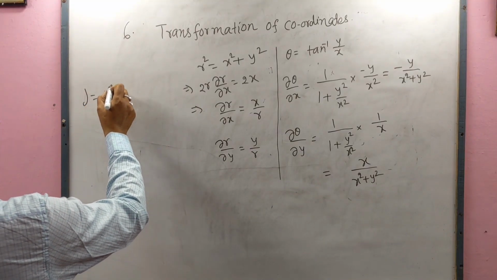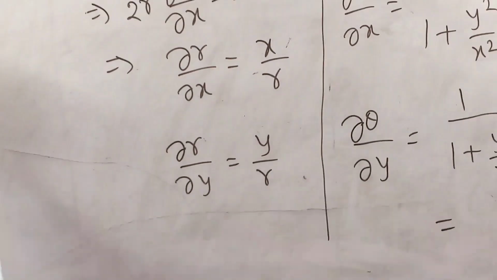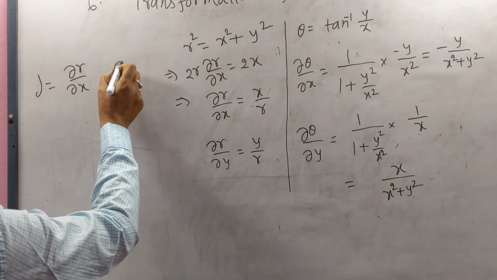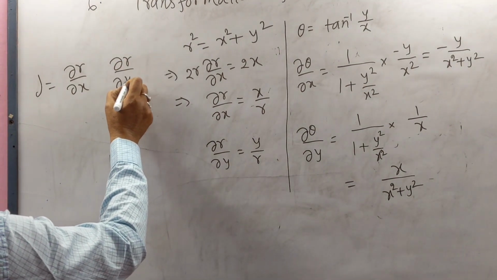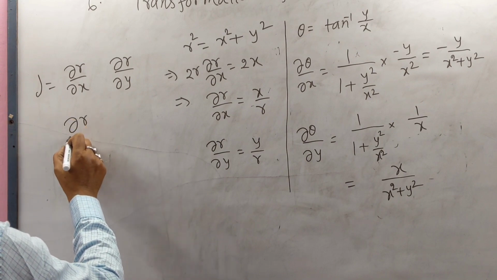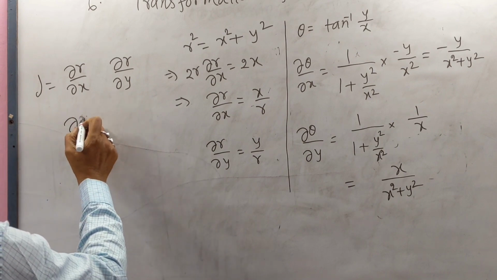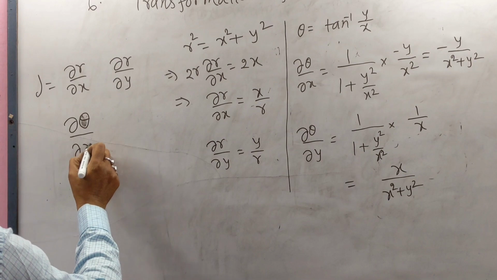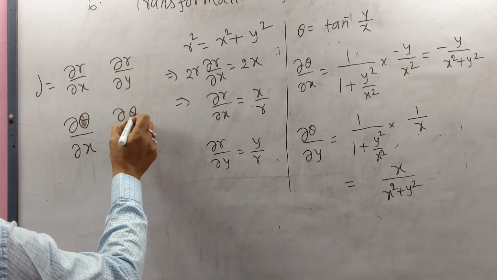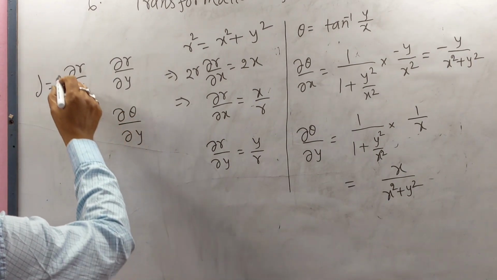J equals del r by del x, del r by del y, del theta by del x, del theta by del y.